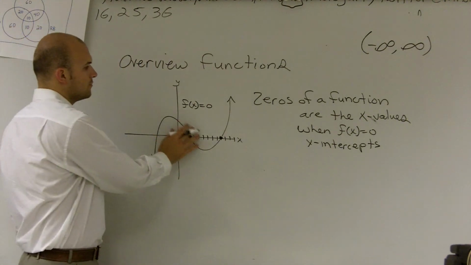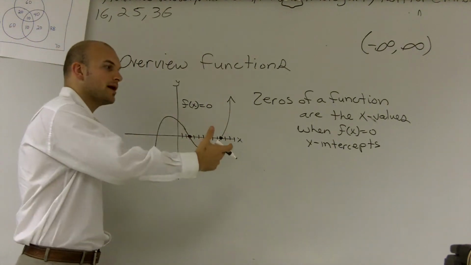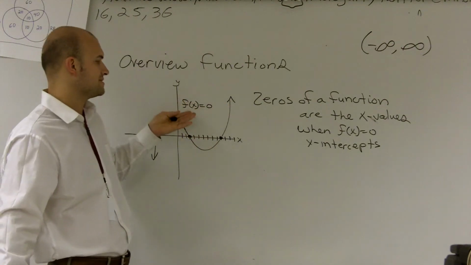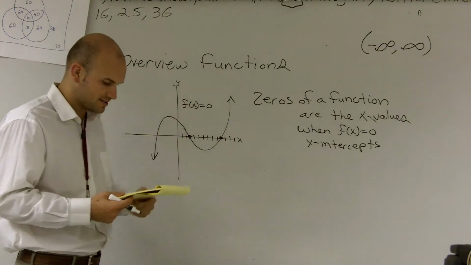When we're working with an equation, as you'll learn when you follow the problems, a lot of times to find the value of x when we get 0, we plug in 0 for f of x.